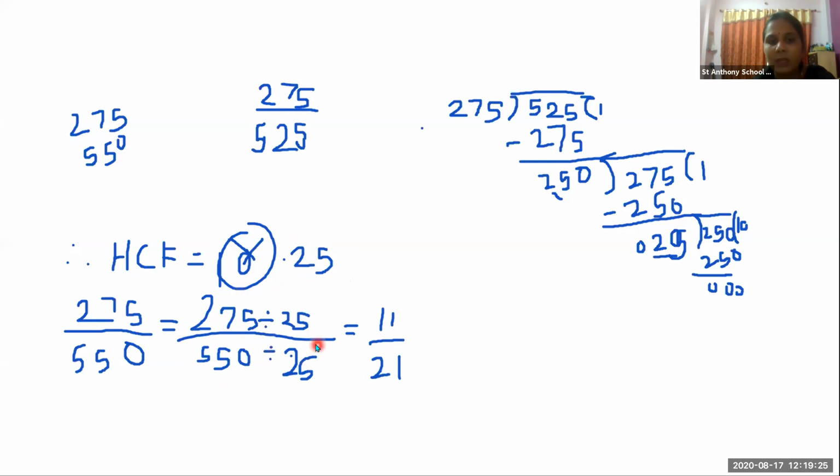When I divide this 275 by 25, I will get 11. And when I divide 550 by 25, I will get 21. So what would be its lowest form? 11 by 21.